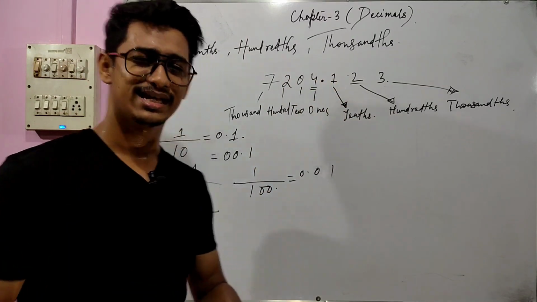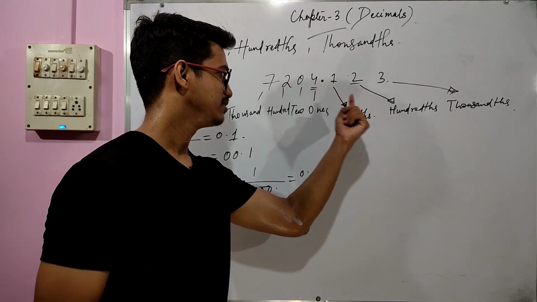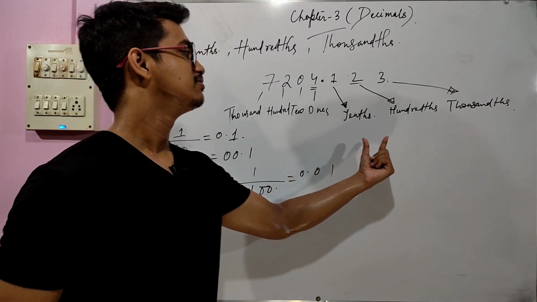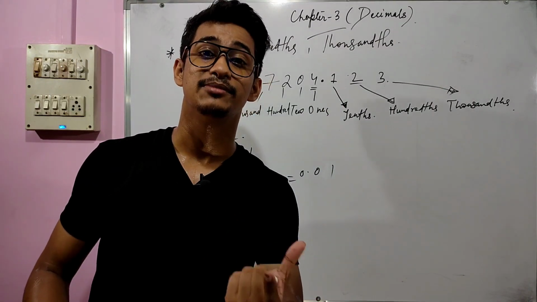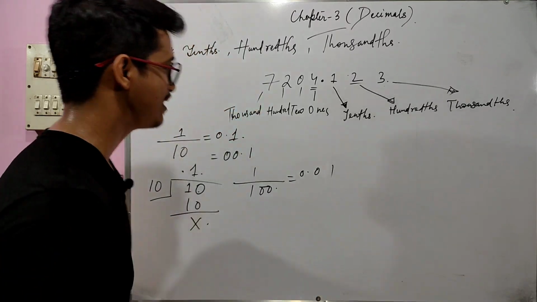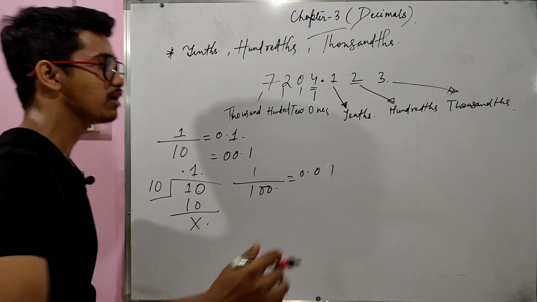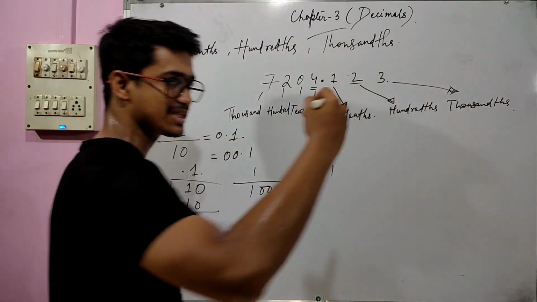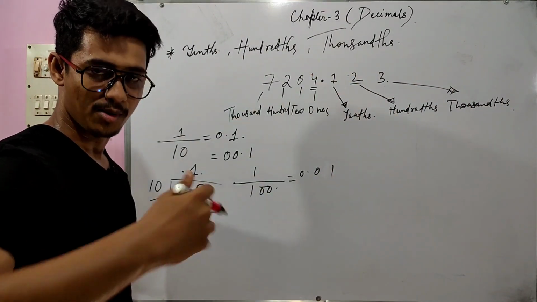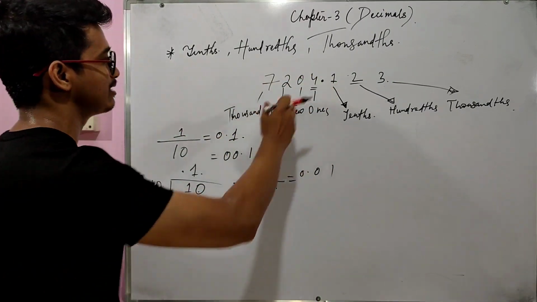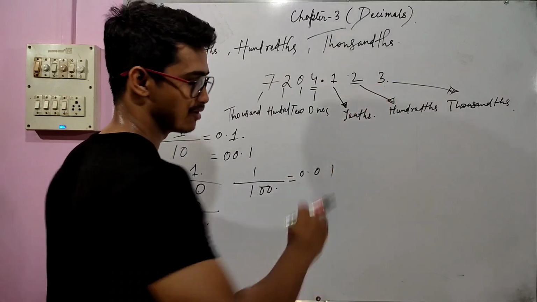Basically, the numbers after the point are represented by some names. What are those names? Tenths, hundredths and thousandths. Or if the numbers continue to ten-thousandths, lakhs, no problem. It will keep going on that way. What is the difference between that system and this system?